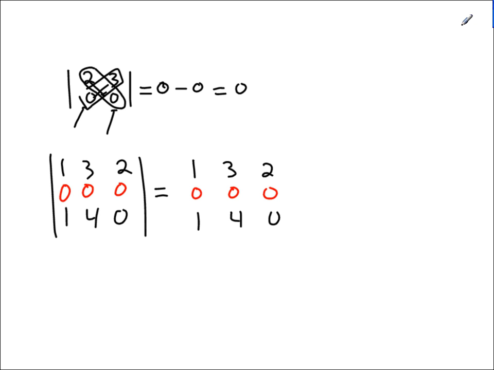And you repeat the first column, and in row 2, it's 0, and you repeat the second column, and in row 2, it's 0. I will write down 1, 0, 1, which is column 1. And I will write down 3, 0, 4.